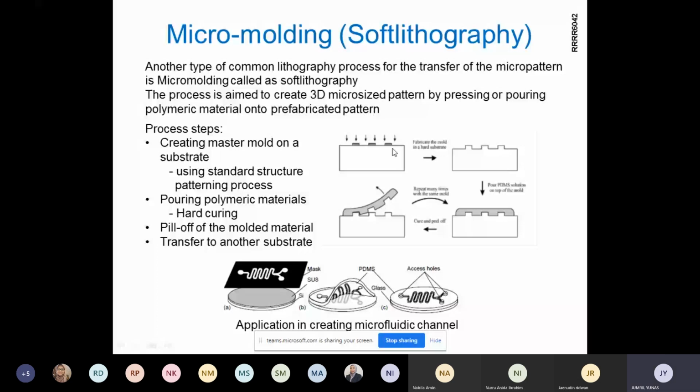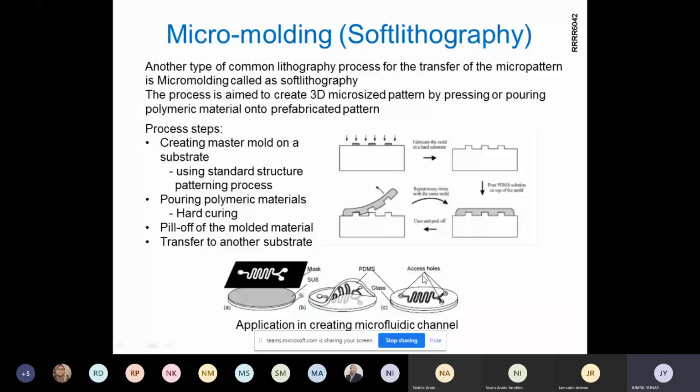We let the photoresist be the mold master, and then we pour our polymer material, and after hard baking, we can fill up this layer. Then we have this structure. This process we normally use to create a micro channel.